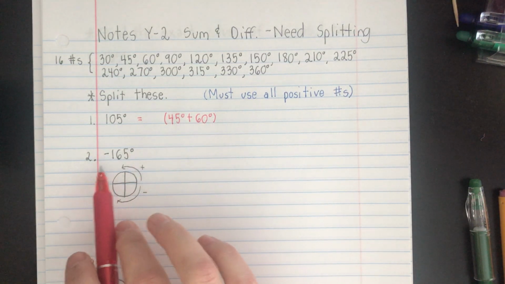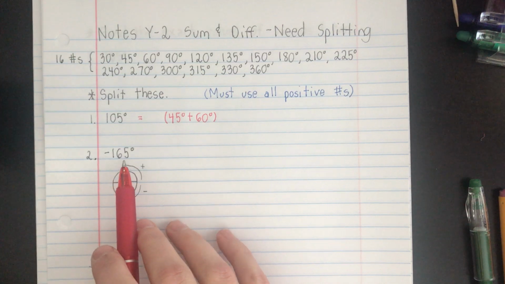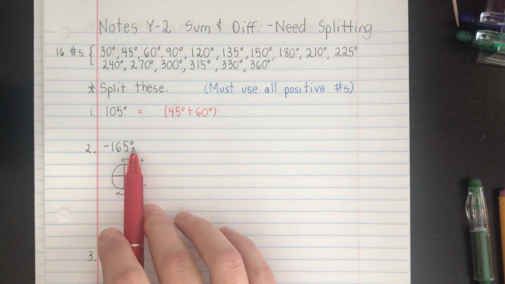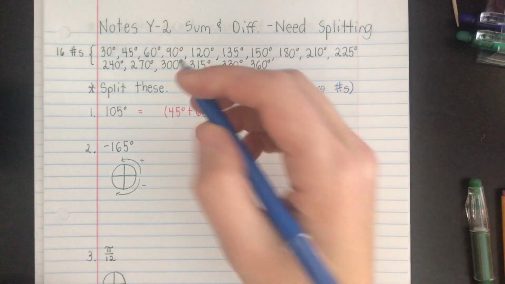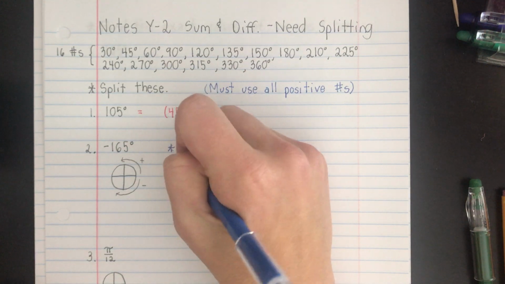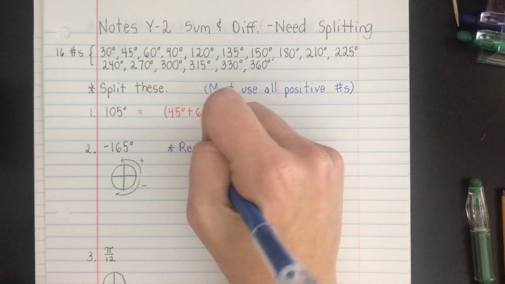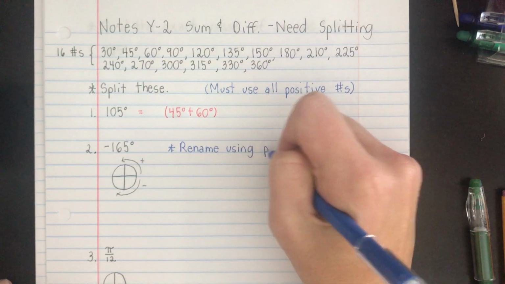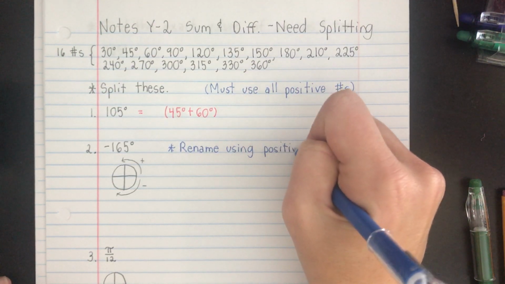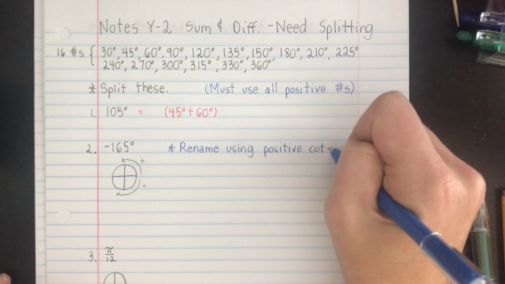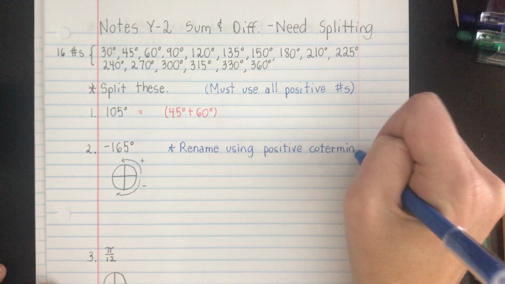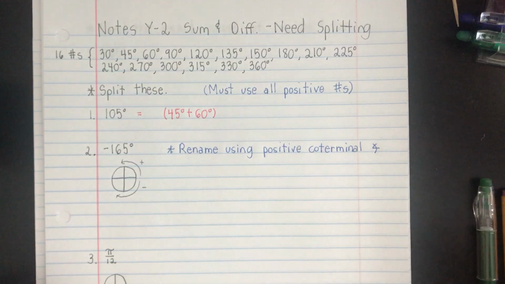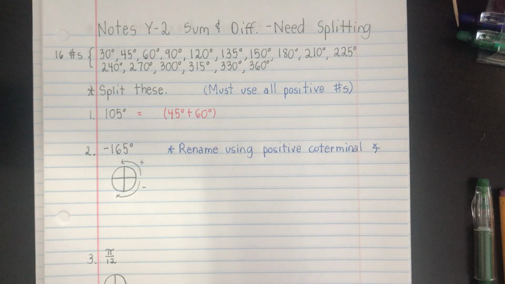Okay, let's look at number 2, however, negative 165 degrees. The first thing you must do is rename it using a positive coterminal angle. So the angle that lands in the same place but has that positive angle.